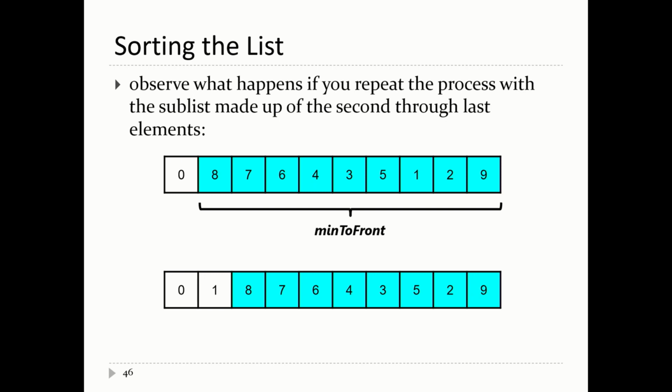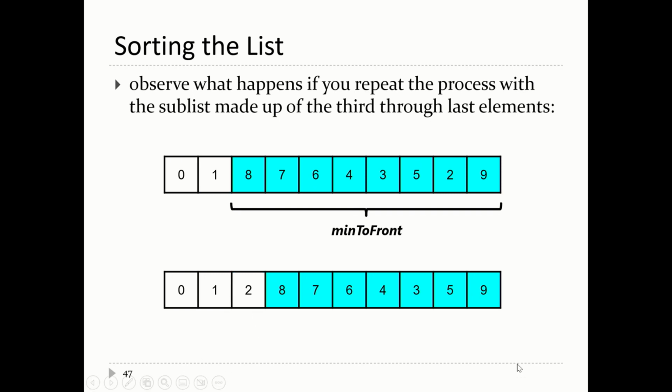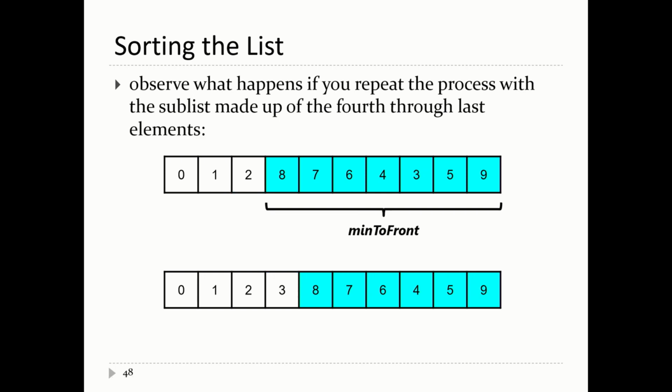It moves to the front of the blue list. And now you keep on going. So now I've got the rest of the list. What if I call min to front on that? Now the 2 comes to the front of that list. And I keep on going. Call min to front on the rest of the list, and now the 3 goes to the front of that list. So now you've got 3 here.